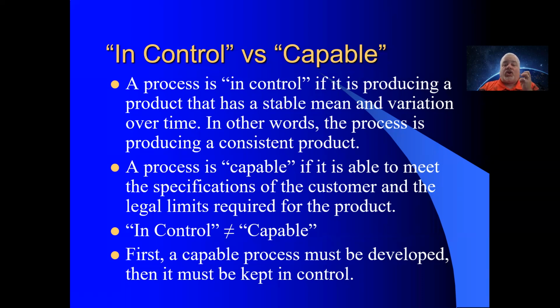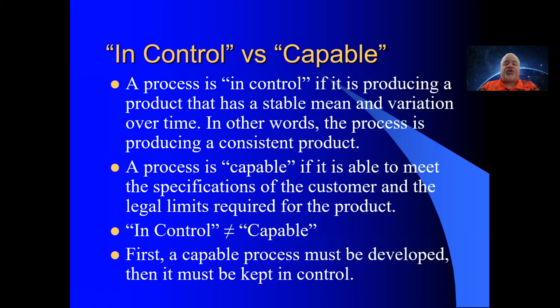In control just means the process is stable, but it might not meet what your customer wants. If it can meet what your customer wants, it's capable. If it is not able to meet what your customer wants in terms of variation, then it is considered incapable.